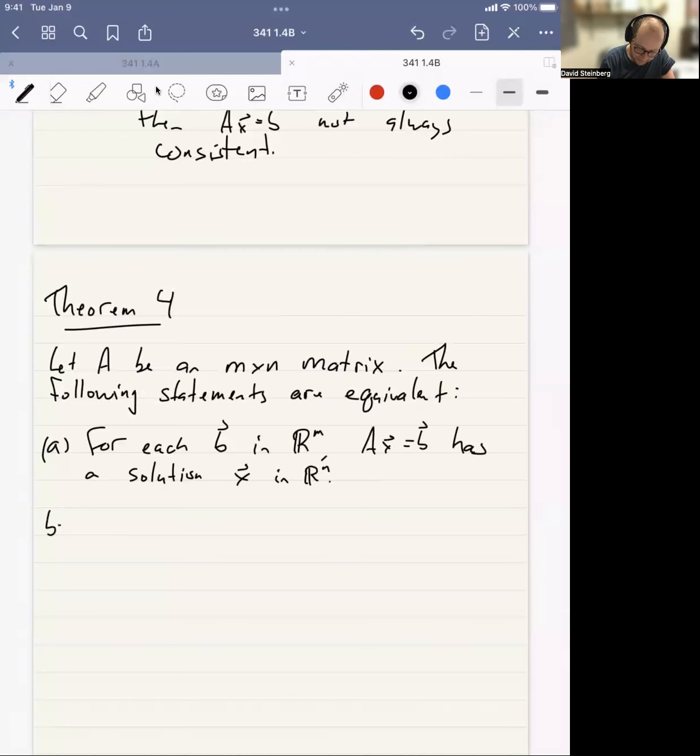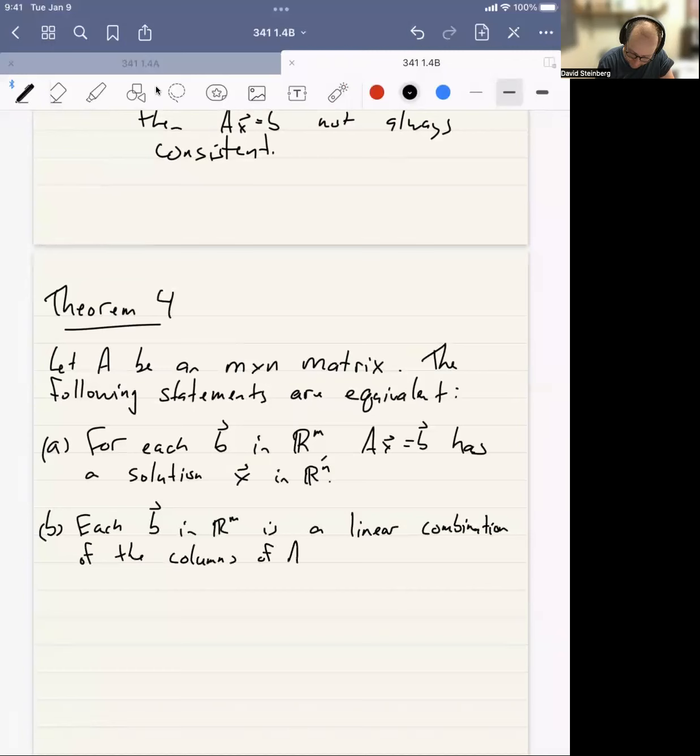Each vector B in Rm is a linear combination of the columns of A. Statement C is that the columns of A span Rm.